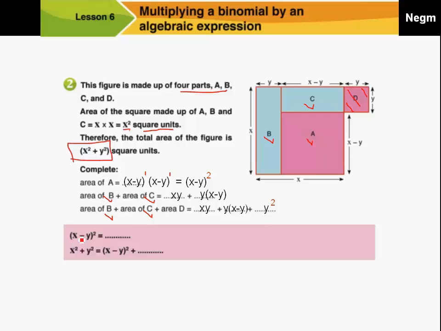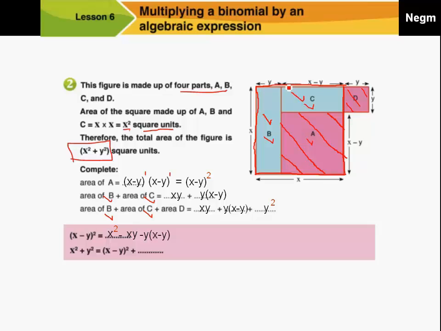Here we have x minus y to power 2, which is the area of the square, the area of part A. The area of part A is the area of the square minus this area minus this area.